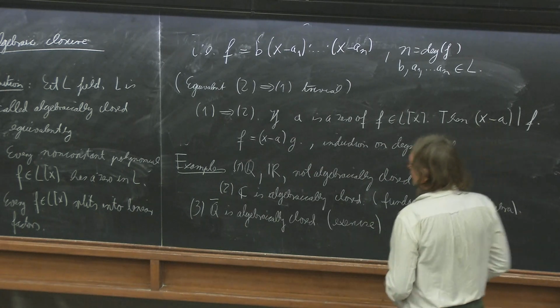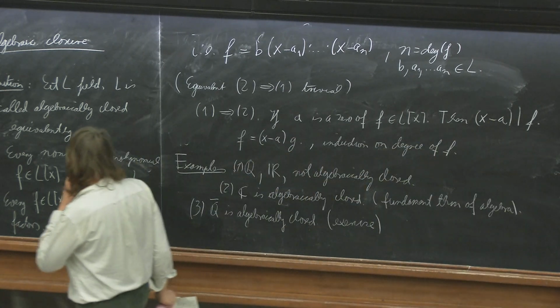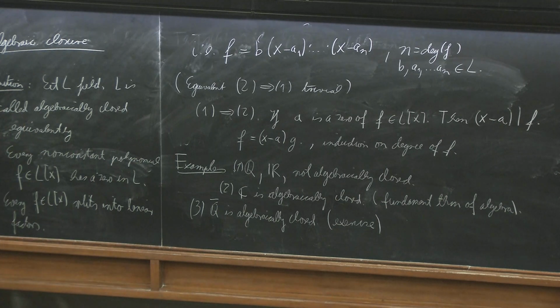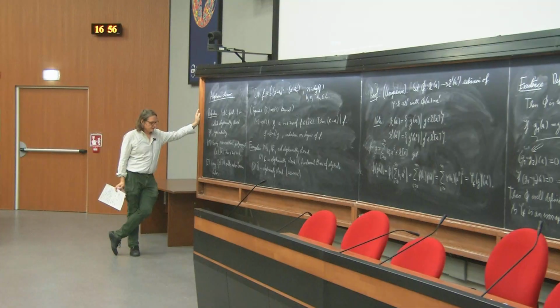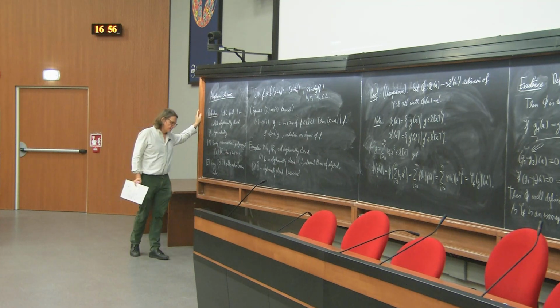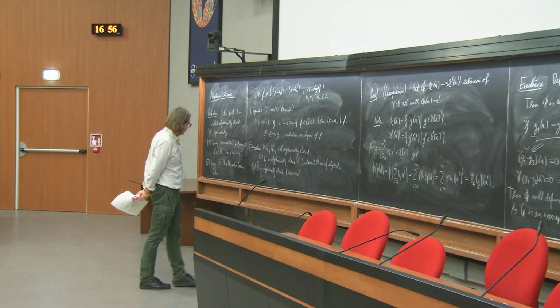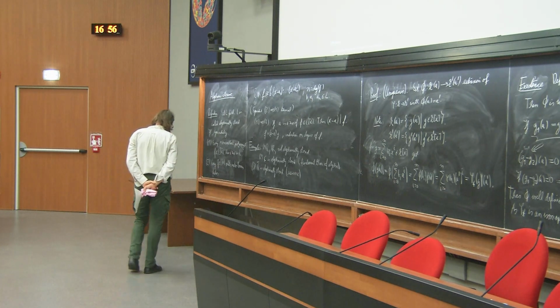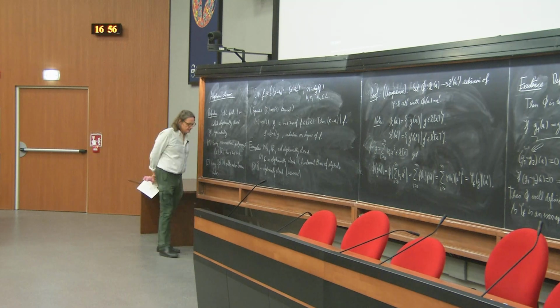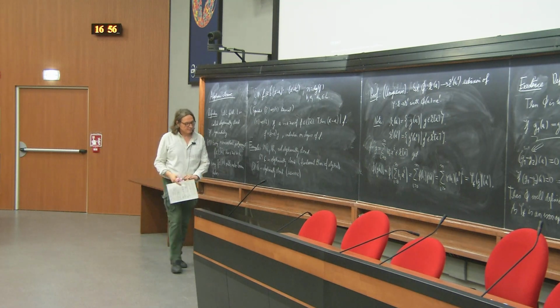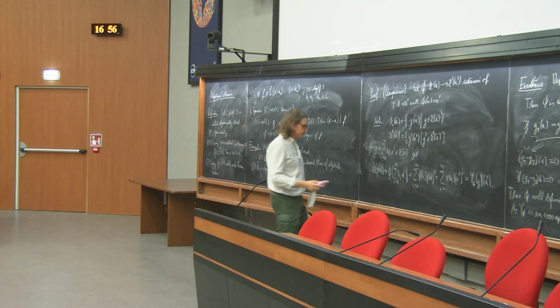So now we want to talk about the algebraic closure. The algebraic closure of a field is a field which contains our given field as a subfield, such that the bigger field is algebraically closed. But you want the bigger field to be as small as possible. And actually, the way you can do this is to require that the bigger field is algebraic over the smaller field.